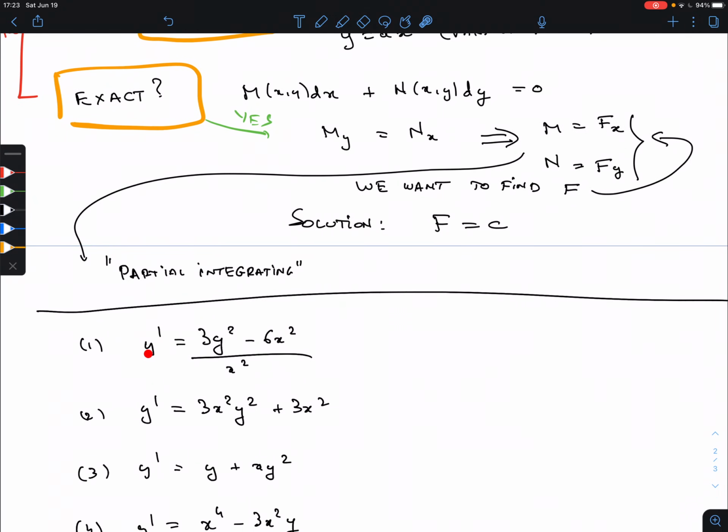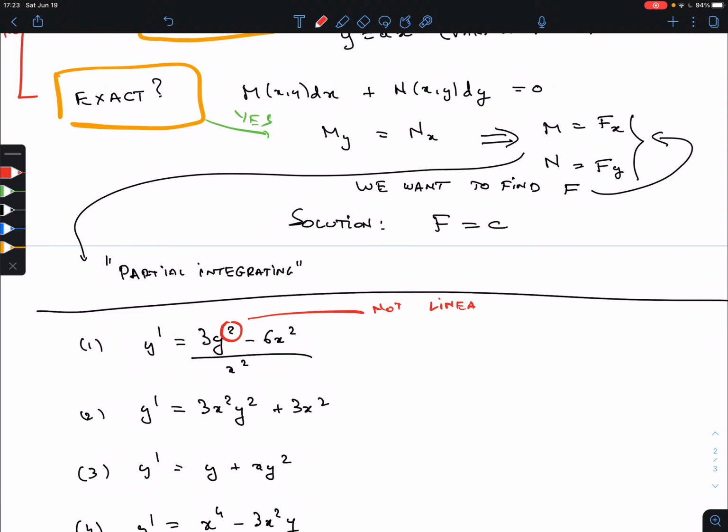We have a y prime, we have a y square, so this square already rules out linear. So let's make it red. This one says not linear.